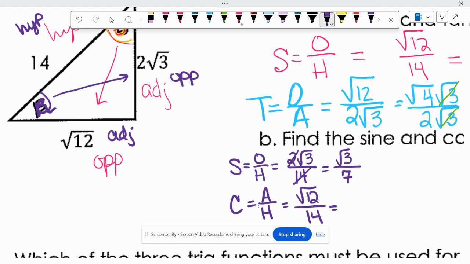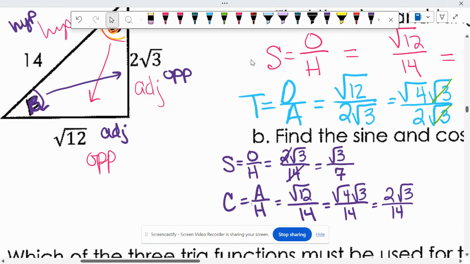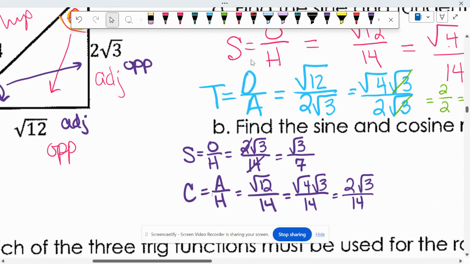But square root of 12 is the same thing as what? Okay, and what is the square root of 4? So the square root of 12 is really the same thing as 2 times the square root of 3 over 14. And what is the simplified version? What happens here? Square root of 3 over 7.